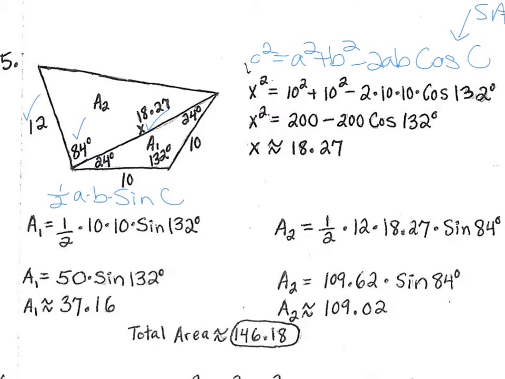So again, we would have 1/2 of AB, which I now know is 18.27, and then sine of the included angle is 84.